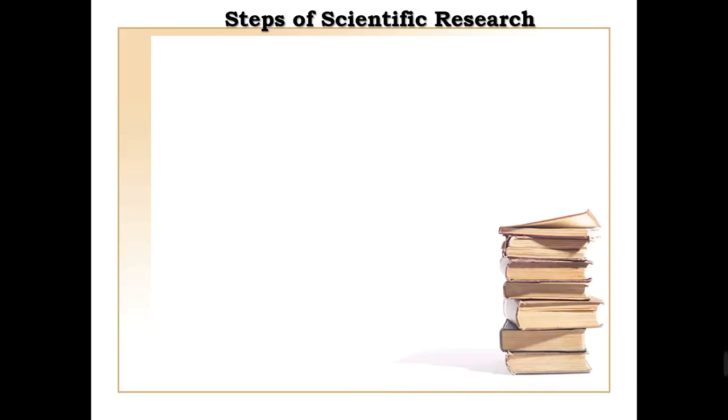Coming to the steps of doing scientific research, my advice to all the students is to follow this brief outlook of the steps to be completed at the time of doing the research. So the first thing is, you have to select an area. That means in your core domain, you can select a particular area.